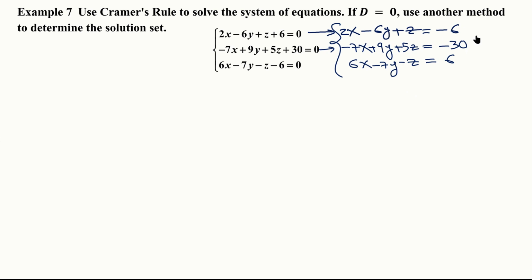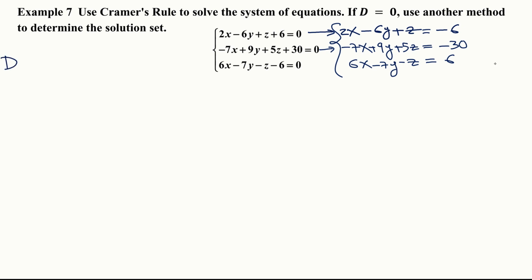The GCF of all those coefficients is 1, and so is the GCF of the other coefficients, and of course the constant on the right side. But if there's a number that goes into all those coefficients and the constant, you can divide it off and your numbers will be smaller and easier to work with. Okay, so now that we have it in the proper format, go ahead and calculate D.